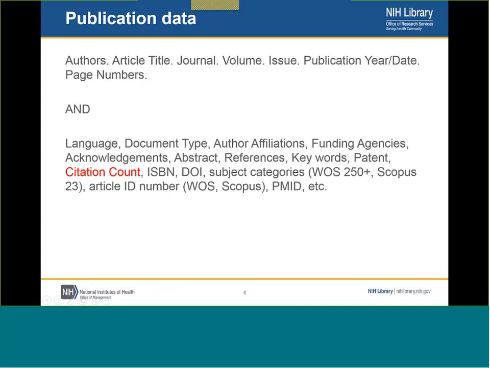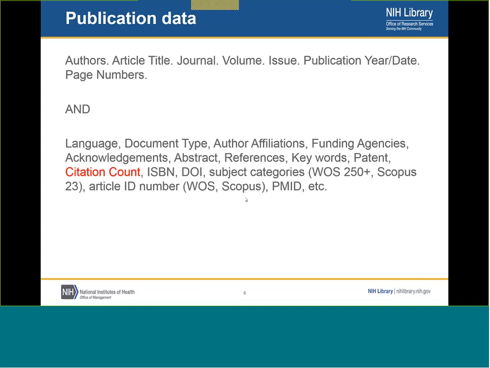And among all of the things that I listed here, what is most important to us when doing bibliometric analysis is probably citation count, because that is the number that people want to use when they do additional analysis. Say, for example, they wanted to know the relationship between citation count and any other of these variables listed in here.